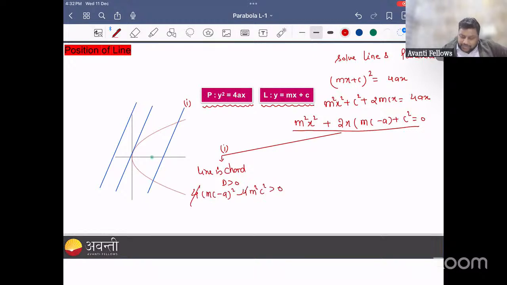So 4 cancel. If you simplify it, m square c square plus a square minus 2a mc minus m square c square more than 0. Some mistake has happened.